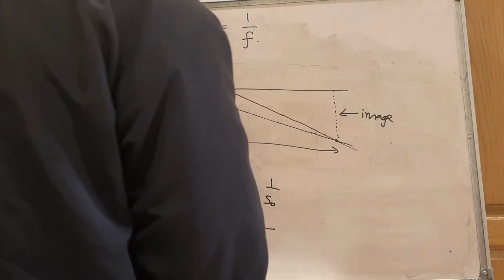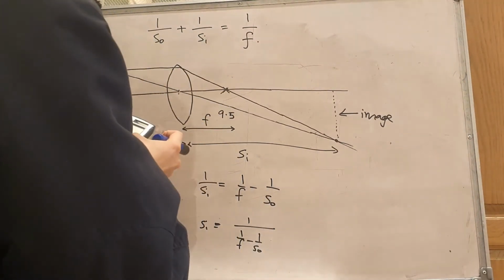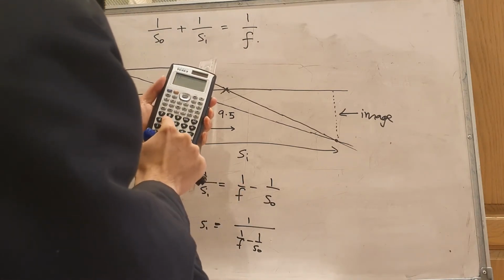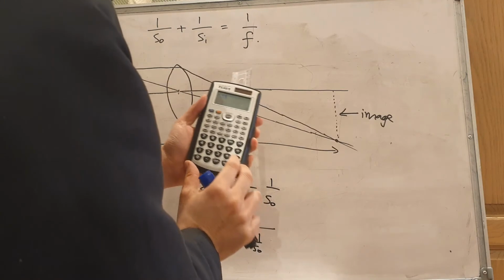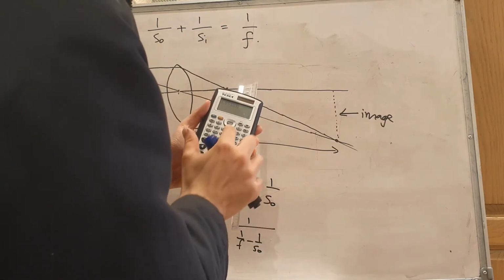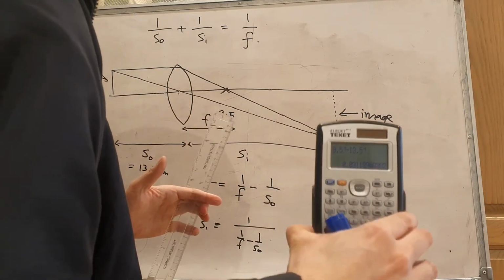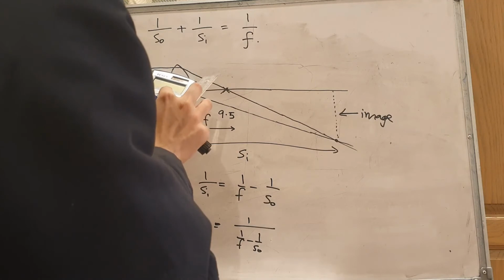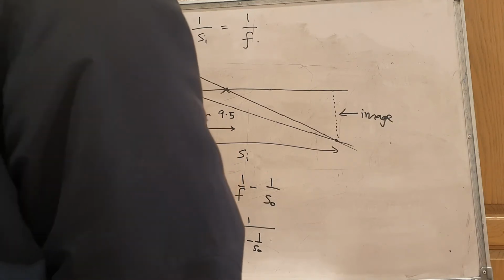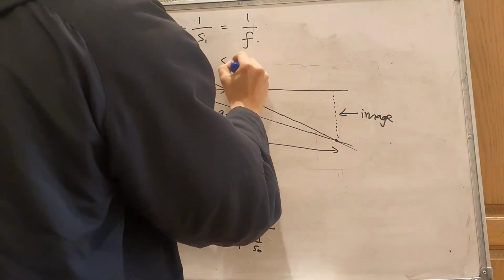Right, so if we plug in 9.5 to the power of minus 1 minus 13.5 to the minus 1, that is equal to that. And answer to the minus 1, you get 32. So it's roughly 32 centimeters. So we get SI is equal to 32.